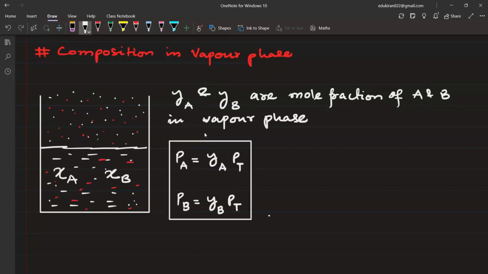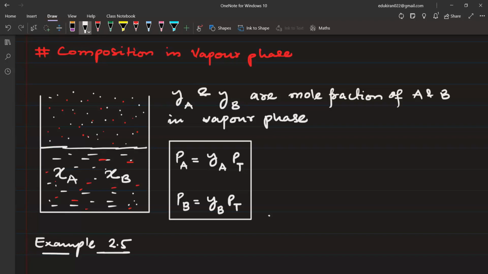And especially there is an example in NCERT, Example 2.5.